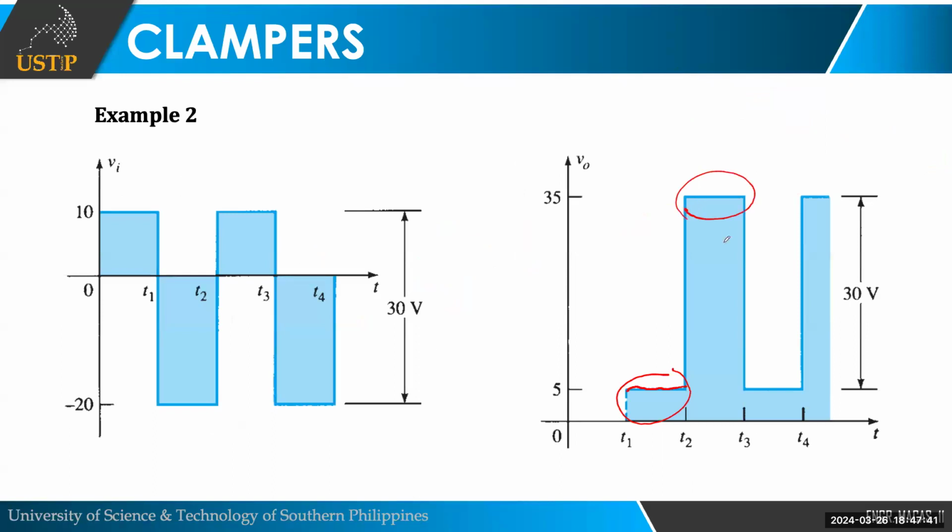Checking the output swing, from 10 to -20, that is 30. And from 5 to 35, that is still 30. So they have the same total swing. So our solution is correct.